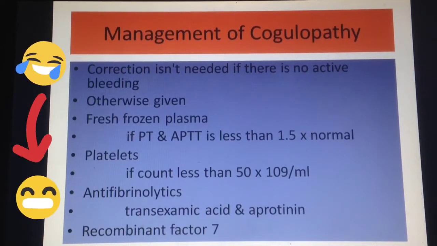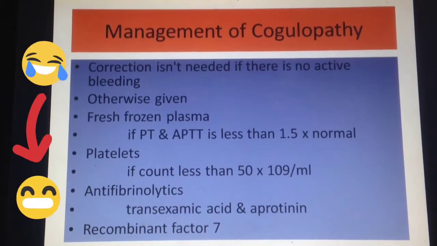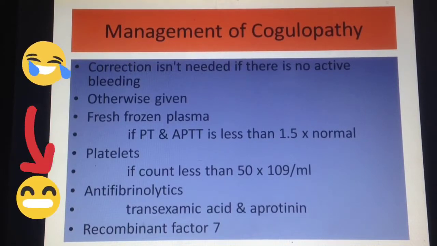We can also give the patient platelets to coagulate any injury from which blood is oozing out. And we only give platelets if the concentration of platelets is less than 50 multiplied by 10 power 9 per liter. We can also give antifibrinolytics, which consist of tranexamic acid and aprotinin, and recombinant factor 7, which also helps in coagulation.